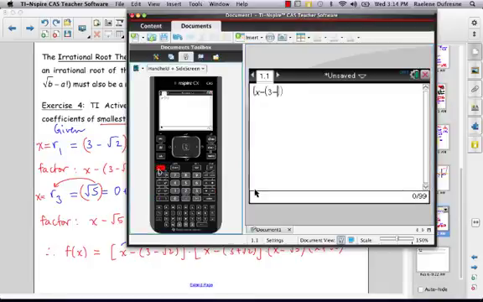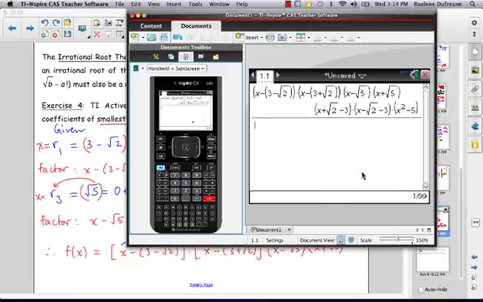So the square root we can find here, times x minus, in brackets, 3 plus the square root of 2, times x minus the square root of 5, times x plus the square root of 5. And we can see that not much happens here, so we may need to force the calculator to do a little bit more for us.